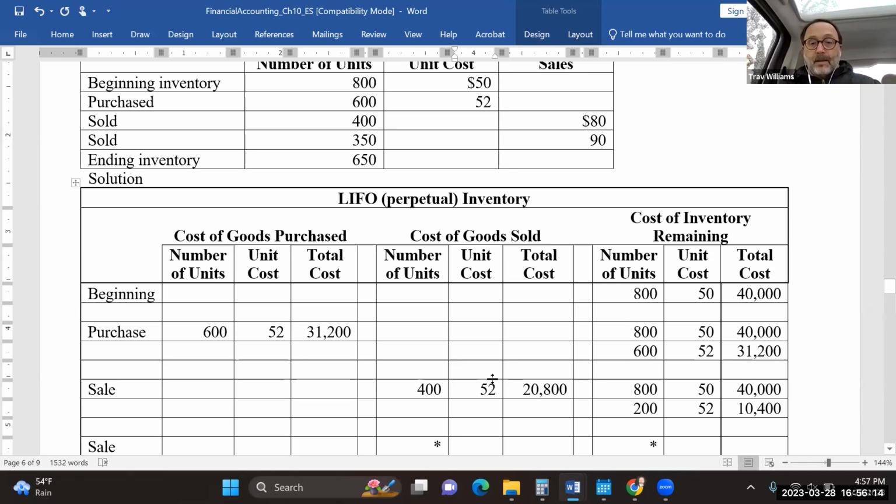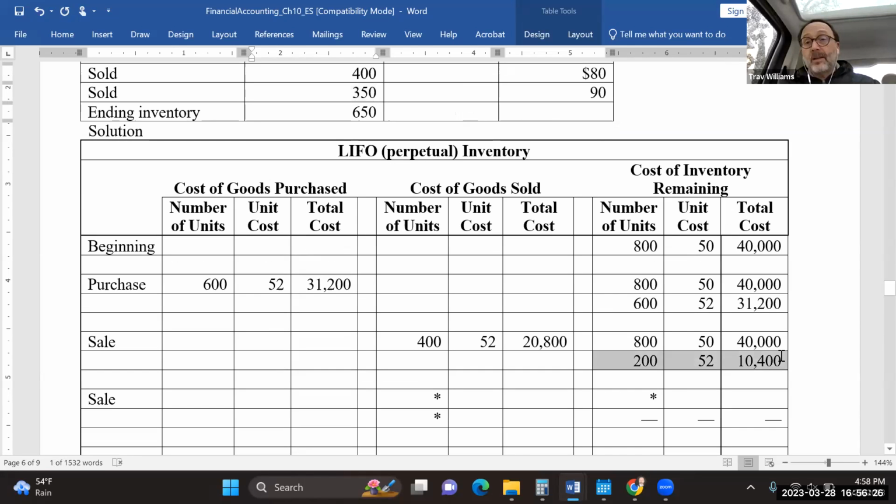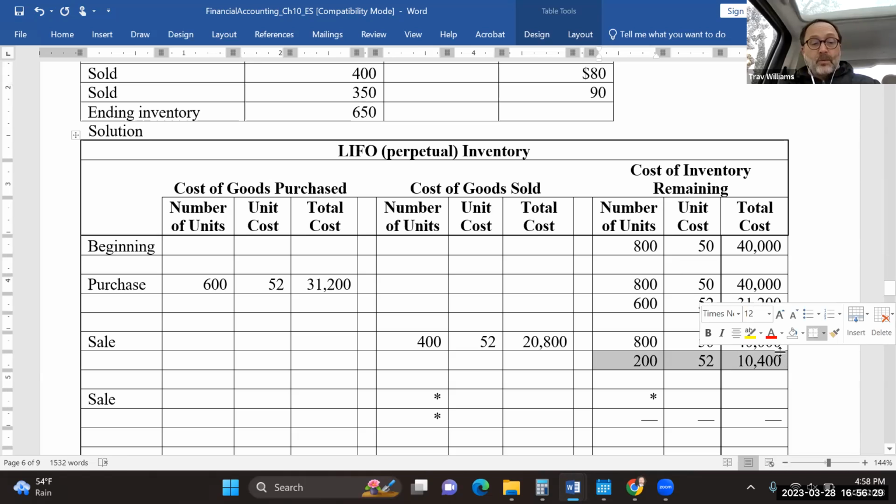Okay. Then we make another sale, and we're selling 350 units. Well, here's the problem. If we're doing LIFO, we're going to have to clear out this lot first. So we're going to sell all 200 of those. But we sold 350. So that means we have to take 150 out of the first lot, right? Because we didn't have enough to cover 350. So we sold all 200 from the second lot and 150 out of the first lot.